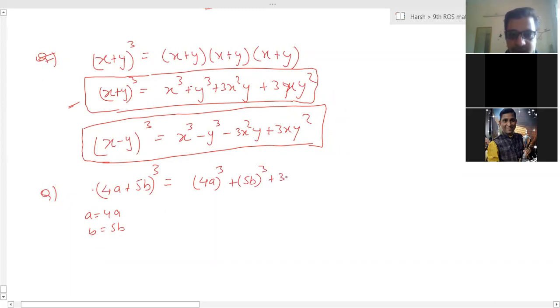plus 3 into (4a) square into 5b plus 3 into 4a into (5b) square.